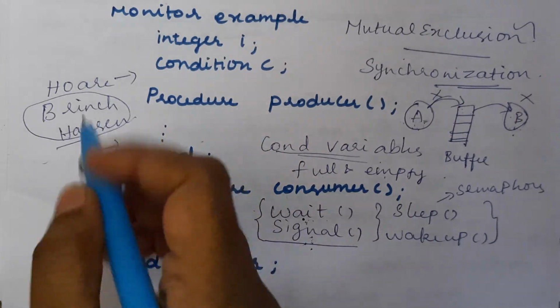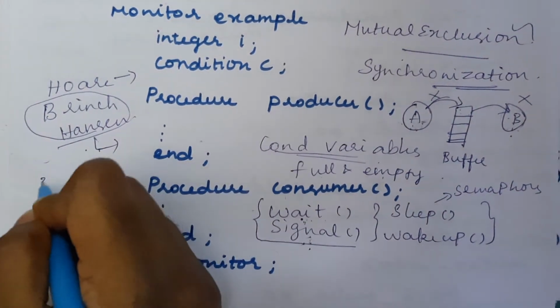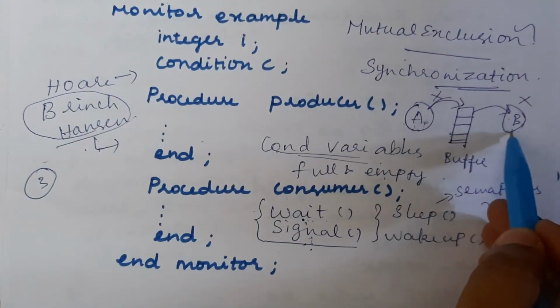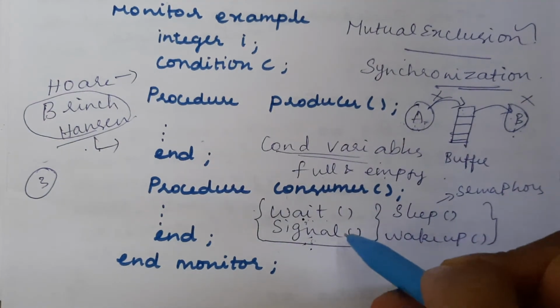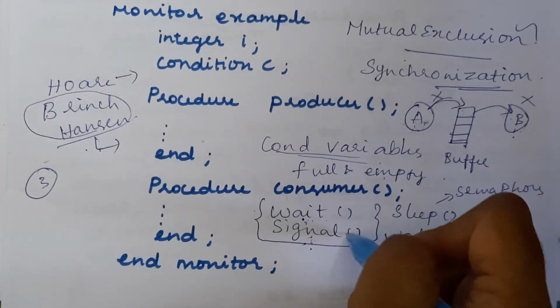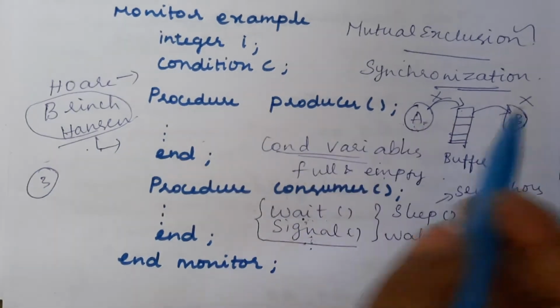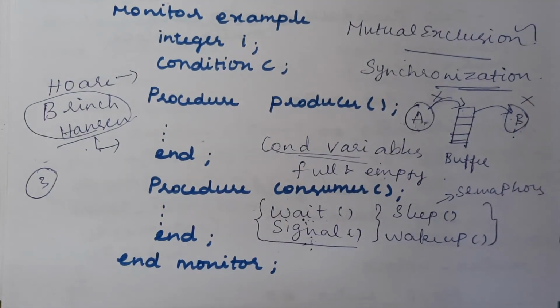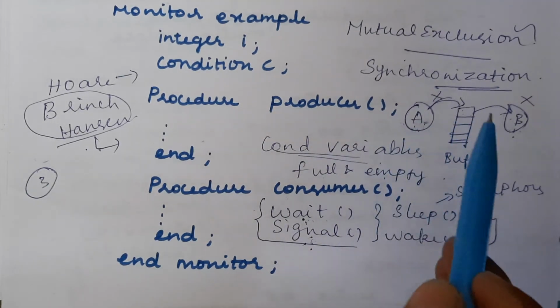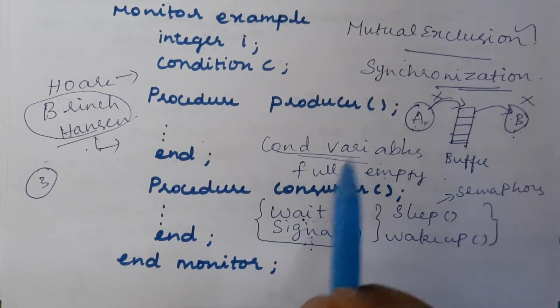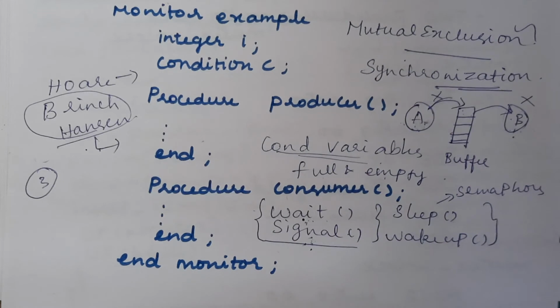These are the first two solutions. The third solution is that the calling process, the one producing the signal operation, will continue its operation, but whenever the other process wants to access the monitor, the calling process will exit from the monitor.